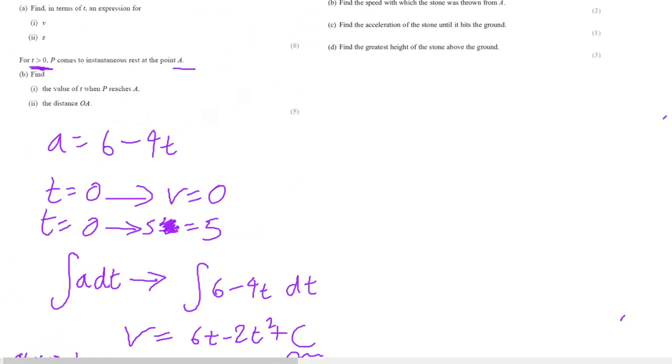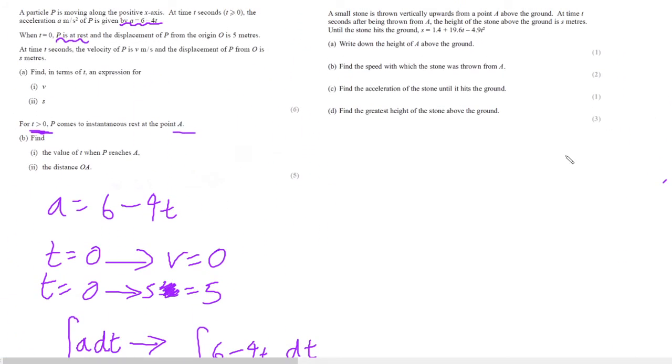But it also wants us to find the distance OA. Well, the distance OA, you've got to be very careful, is not the same as the displacement of the particle. Actually, no. In a physics sense, it is not the same as the displacement, because if you were a physicist, you would look at this problem and say displacement is from either the original position or some arbitrary other position.